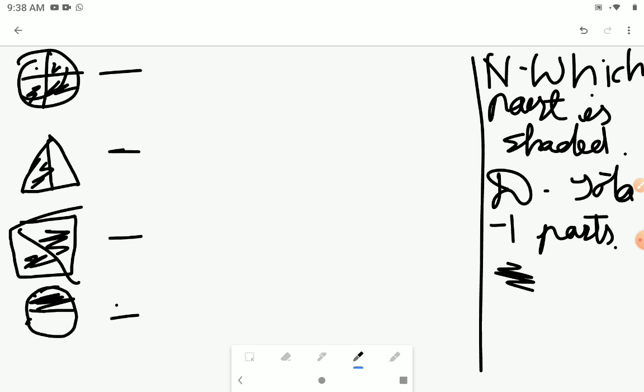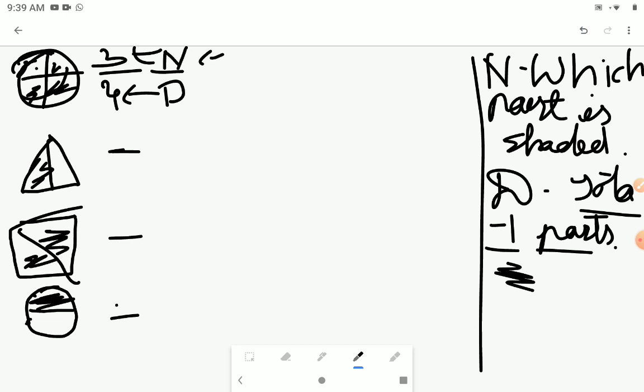It is not shaded, so we do not take it in our numerator, but in the denominator it comes, because the denominator is just the total parts, the whole parts we have. So numerator is 3, it is shaded by 3, and denominator is 4. I am writing it like this so you can understand it.